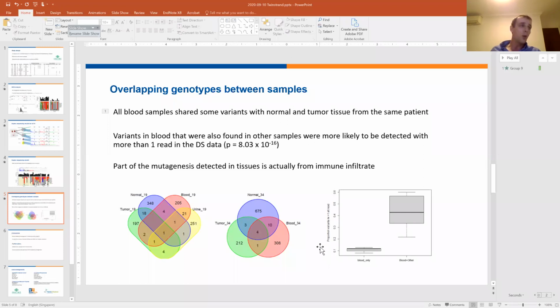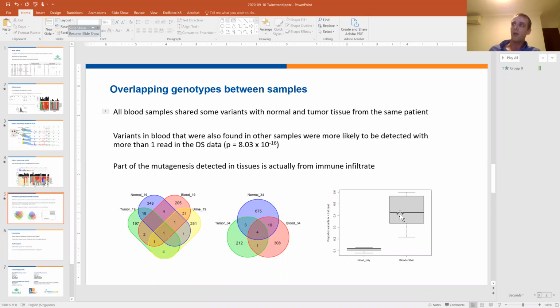And actually, when we look closer at the mutations in the blood, for example, these 308 mutations that are exclusive to the blood of this sample, only about 10 to 15% of them are what we call clonal. So if the duplex sequencing found these mutations in more than 2 reads, then we call it clonal, right?